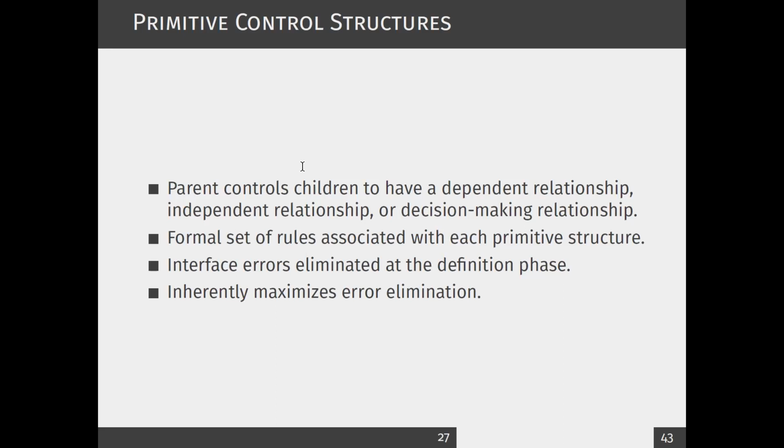Back to primitive control structure, since we discussed it. Remember, when we define our types as well as our functionality, we always have parent-child relationships. So the parents control the children. There we expect a dependent relationship, or an independent relationship, or a decision-making relationship. So for each and every set of rules, you have primitive structures.